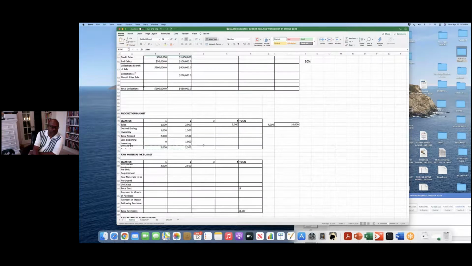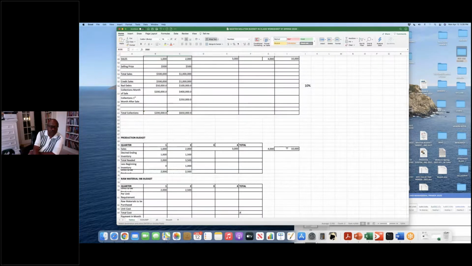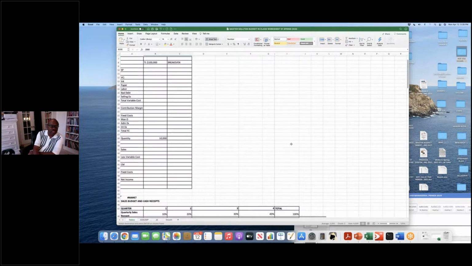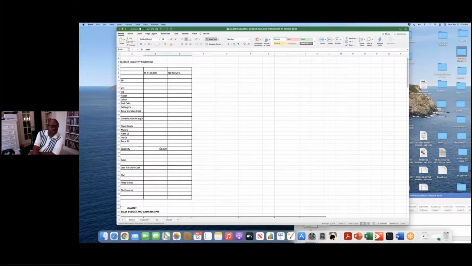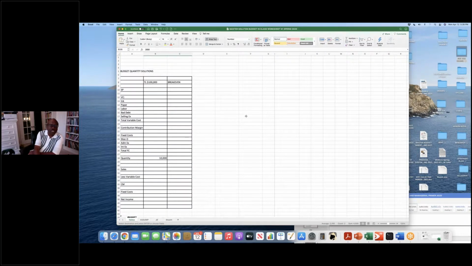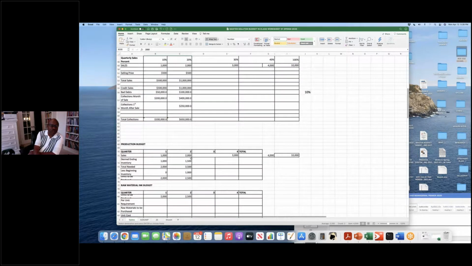So the production budget needs to be finished to be correct. But since these numbers come from the sales budget, then the sales budget needs to be correct. So if you make a mistake here, there's going to be a whole lot of things wrong back here.